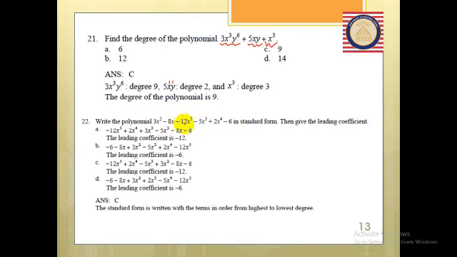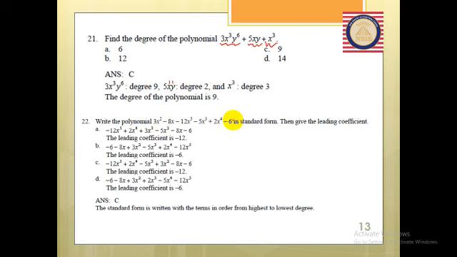So this is the first term. Okay, negative 12x power 5. Then what after it? Power 4. Very good. Then power 3. Then power 2. Then power 1. Then the term without any x, or x power 0.